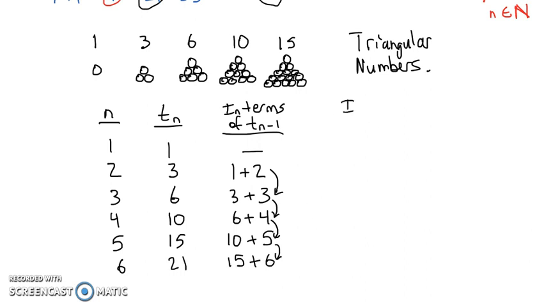But how do we put this in terms of n? If we write this in terms of n, the first term, being 1, is simply 1 times n. The second term, which is 3, is 3 halves n, or 1.5 times the n value.